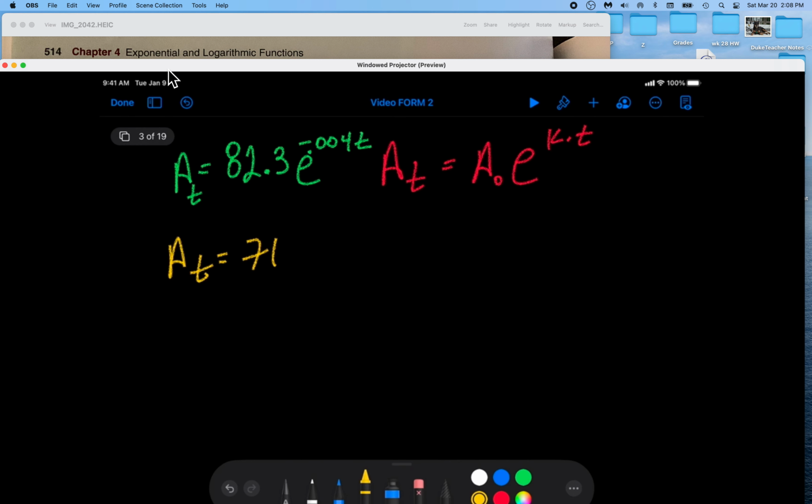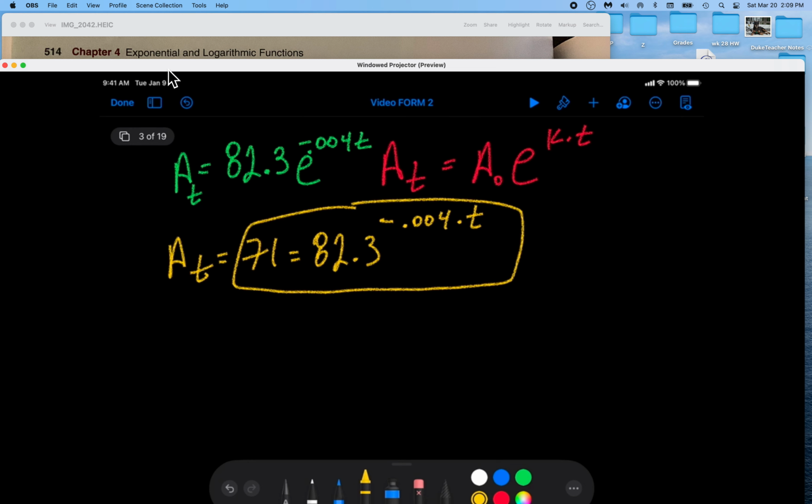So 71 is going to equal 82.3 e to the negative 0.004 times t, and our goal is to solve for t. Okay, so in this scenario, what I would do first is divide by 82.3, both sides.